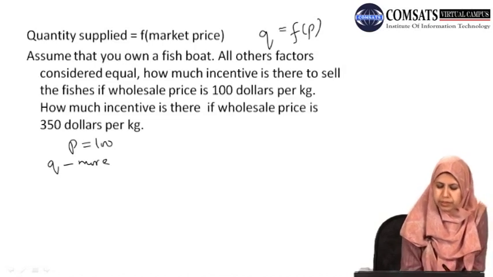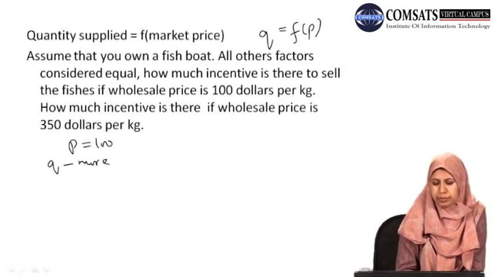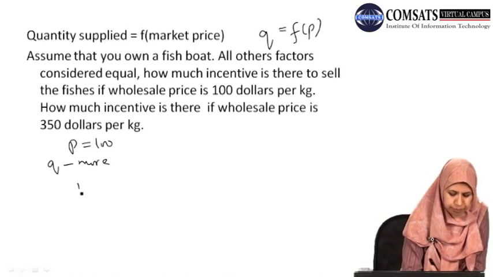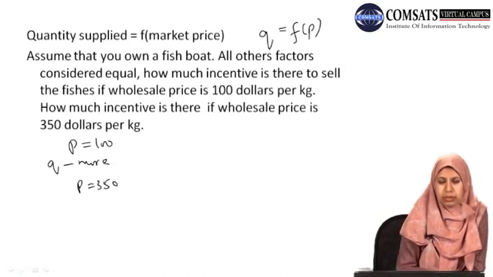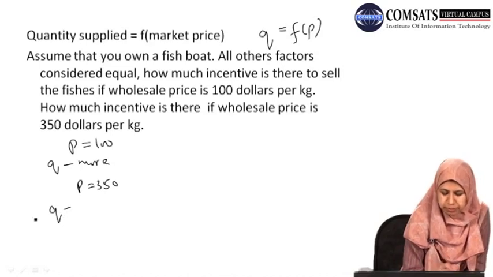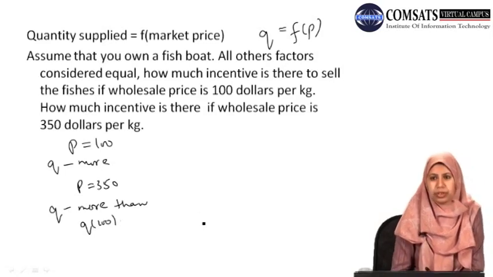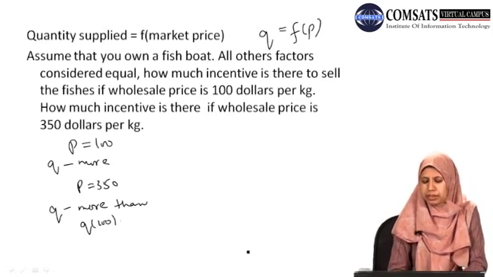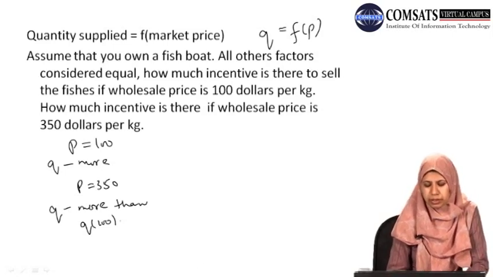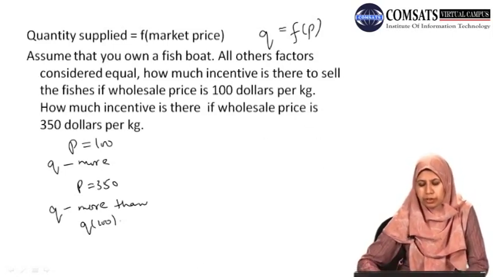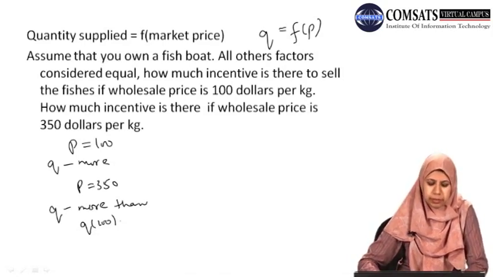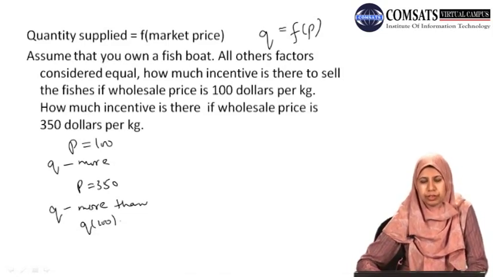In this case, we are given two prices. If the wholesale price is $100 per kg, the quantity supplied will be less as compared to when the wholesale price is $350 per kg.